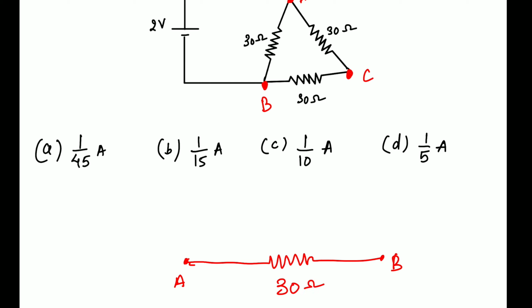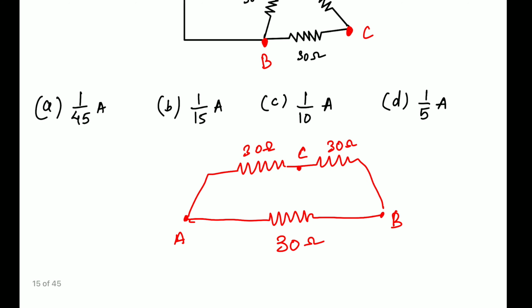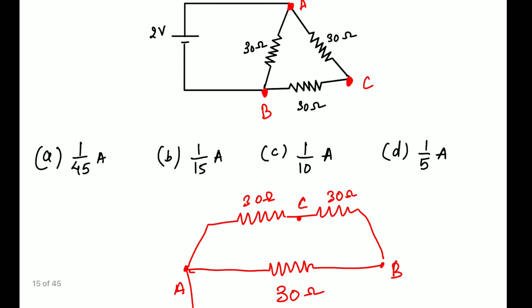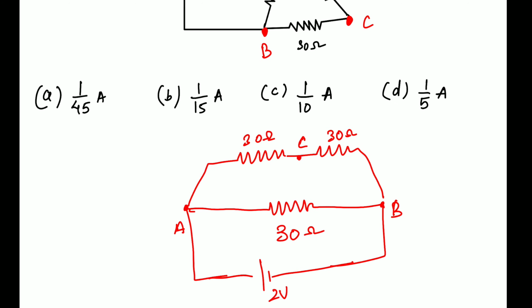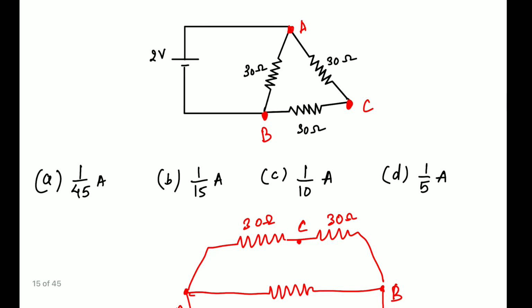And here I have two resistances just like that, and you have again 30 ohm, right? In between you have this point C. I hope you guys can understand that. And this entire thing is connected with a battery source, or I can say a cell source of 2 volt, right? It's connected like that. I hope you guys can understand that.